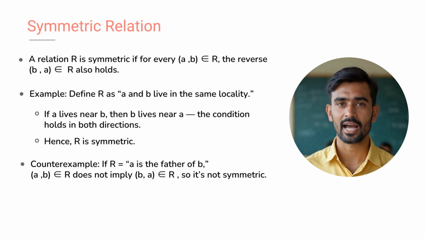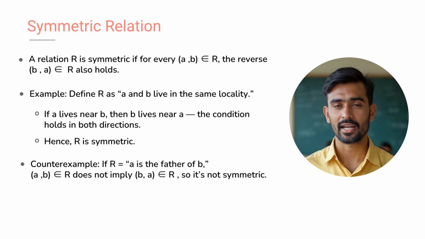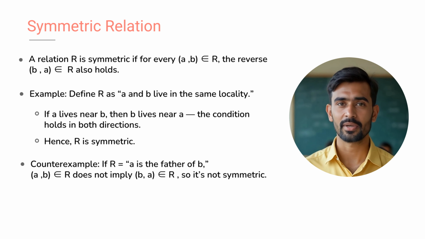So if pair (a, b) is in R, then pair (b, a) is also in R. That makes it a symmetric relation. But here's a counterexample. Let's say R is defined as "a is the father of b." If pair (a, b) is in R, a is the father of b, can we say that (b, a) is also in R? No, we can't. So this relation is not symmetric. To sum it up, in a symmetric relation, the direction of the pair doesn't matter.